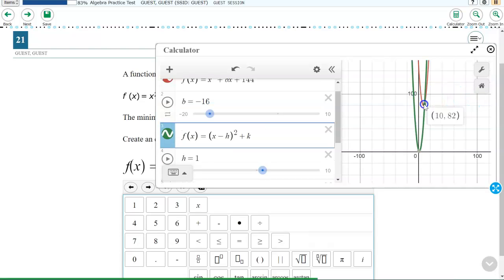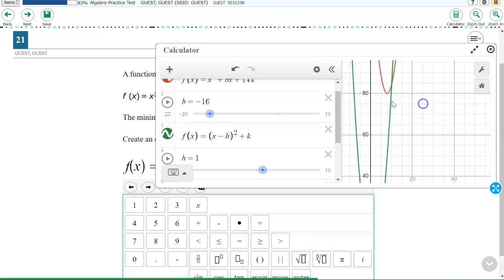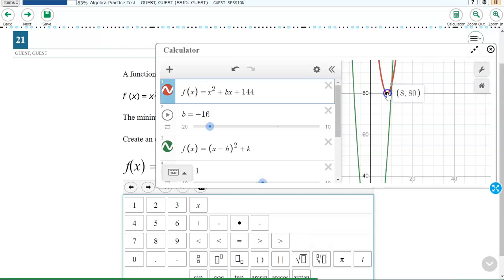So let's try that. I'm getting on that green one. Sorry about that. There it is. 80. So basically, I want this parabola that's green to line up with this one now because the minimum is 80. And that's what I want. So we're making this B a negative 16.